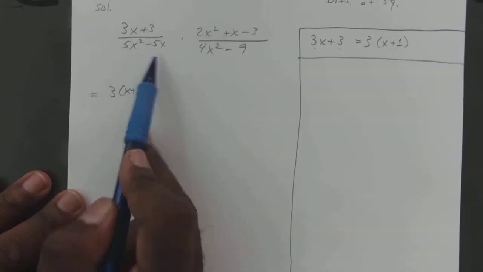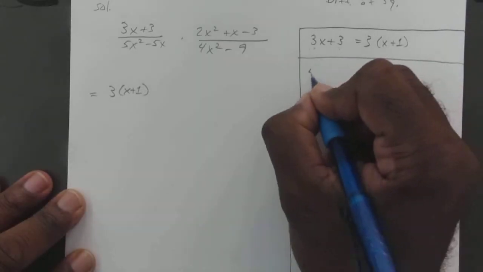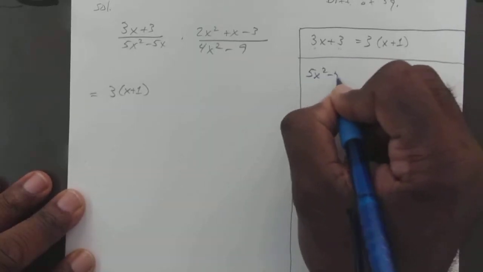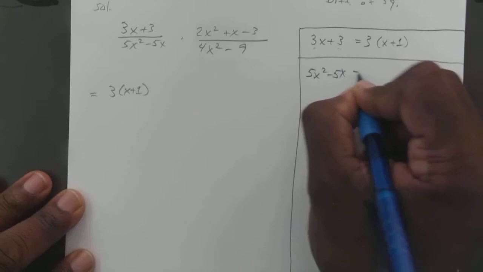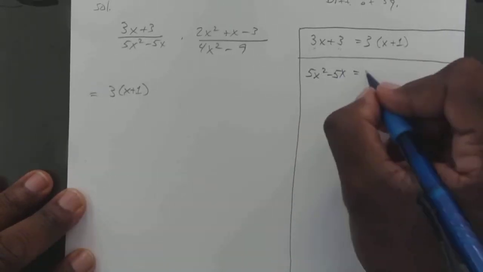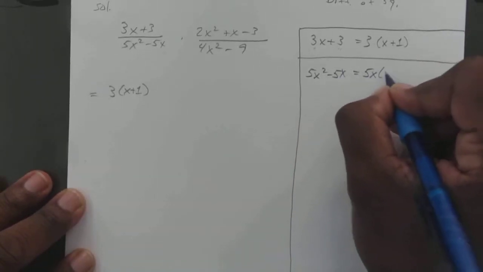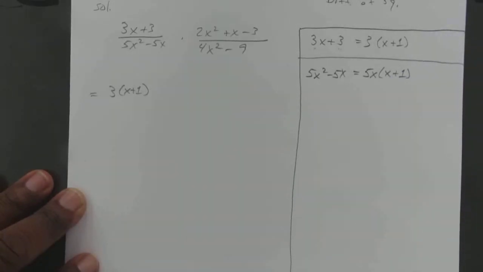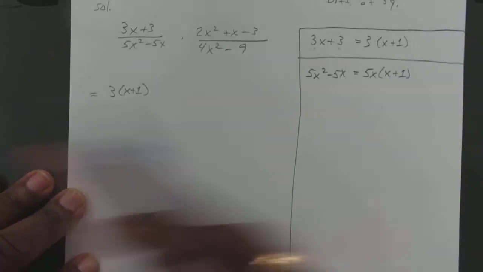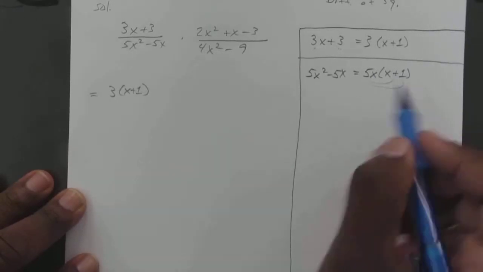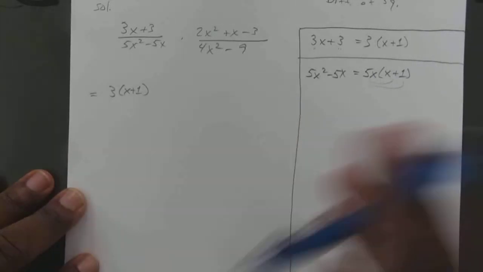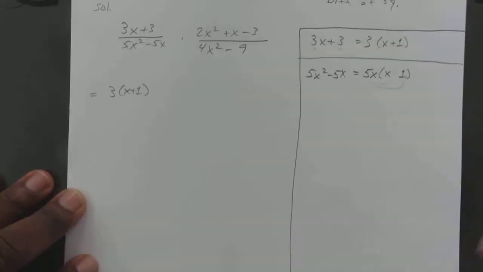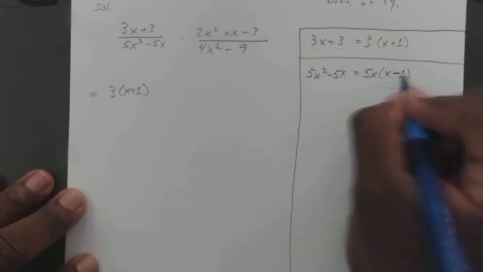Okay, same thing here. You can factor a 5x out of both of those. So 5x squared minus 5x. If you factor the 5x out of both of those, you just get 5x times x minus 1. So if you're ever unsure about your factoring, just distribute it out, and you'll see you'll end up right back there.